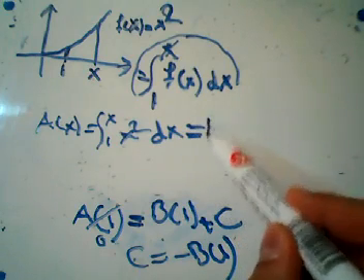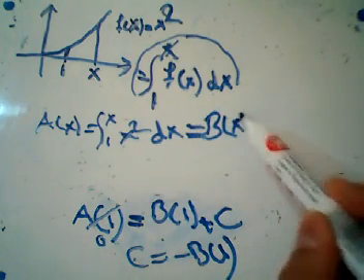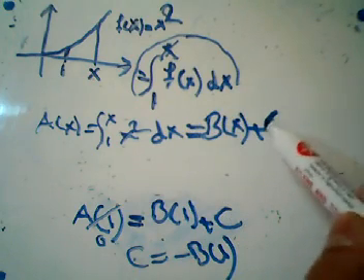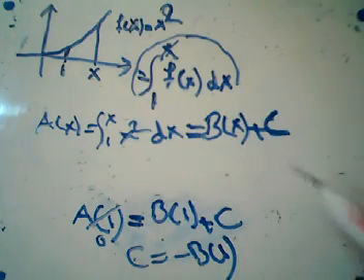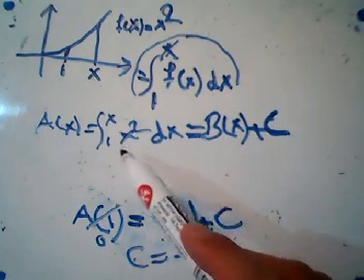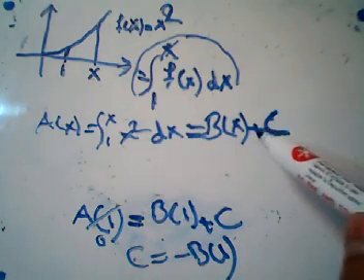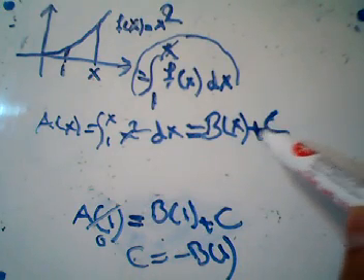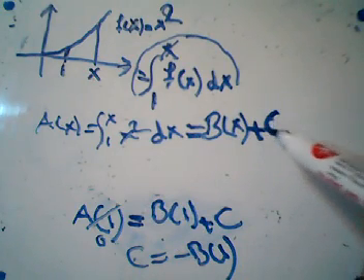As I said in the previous video, there could also be B of x, another antiderivative of x squared, plus a constant. And I said that C could be any constant.